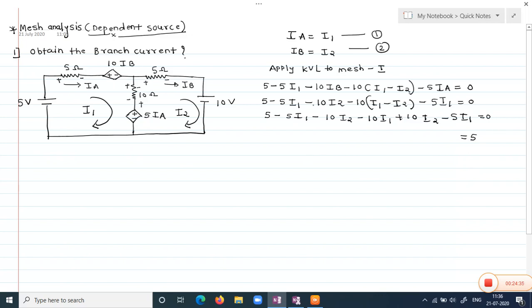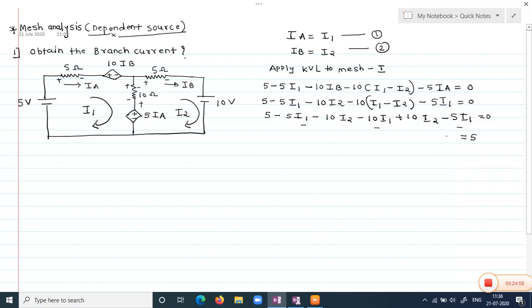Right? So you'll see what is I1 here. I1 is 5 minus 5 I1 minus 10 I1 and minus 5 I1. Minus means you will get plus here, minus 10 you will get plus here, minus 5 you will get plus here.